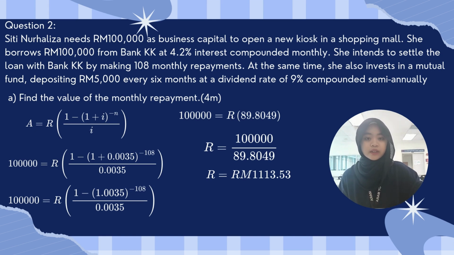The question is, find the value of the monthly repayment. After we read the question, we will move on to how to solve it. For this question, we will use the present value formula, which is A equals R in bracket 1 minus bracket 1 plus i in bracket to the power of minus n, over i in bracket.